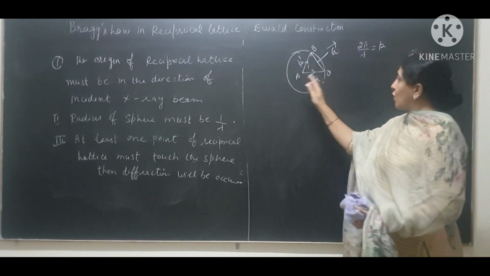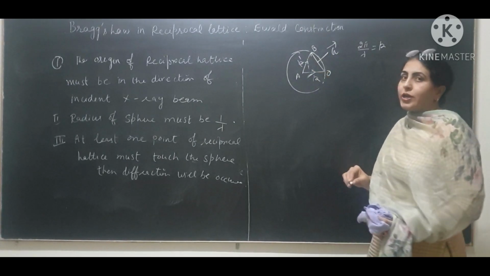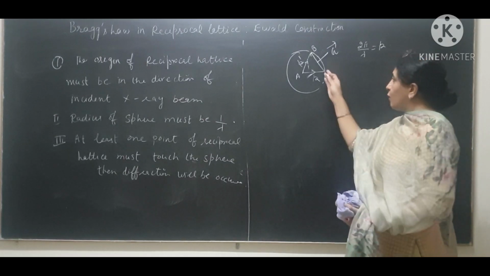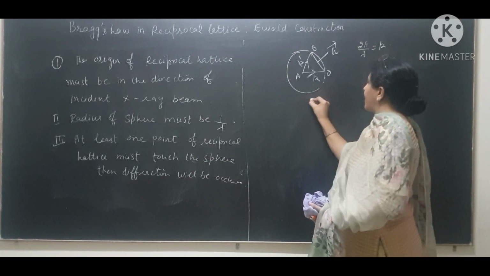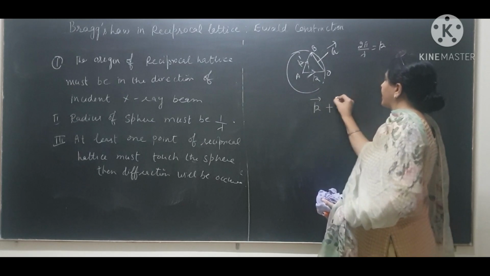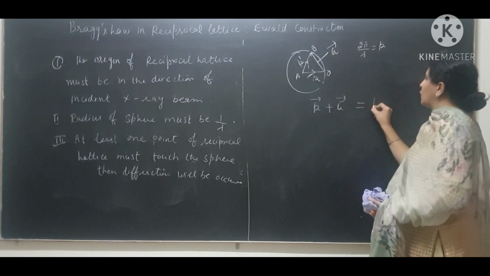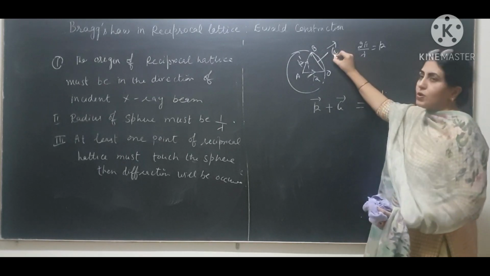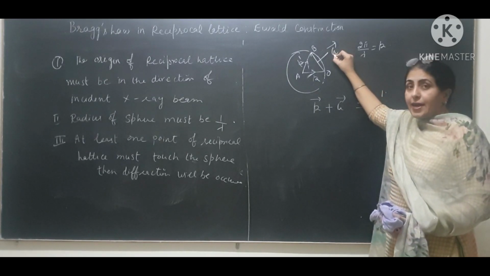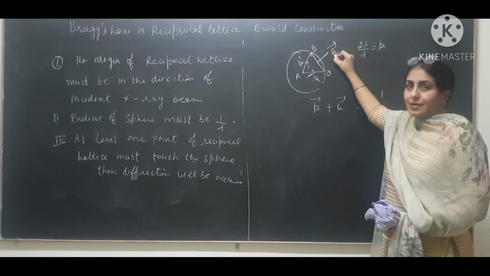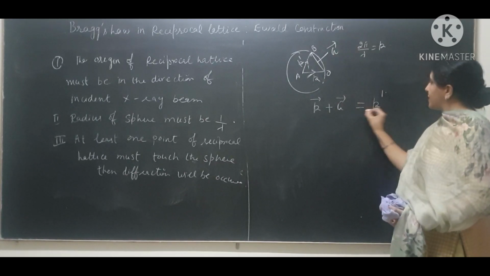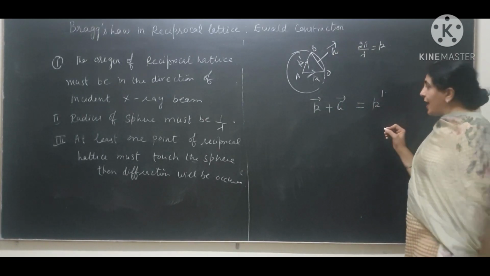Clear? So according to the triangle law of vectors, K vector plus G vector, the reciprocal lattice vector, is equal to K dash. We know that G is equal to hA* plus kB* plus lC*.